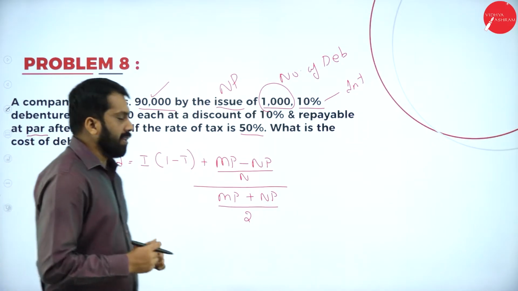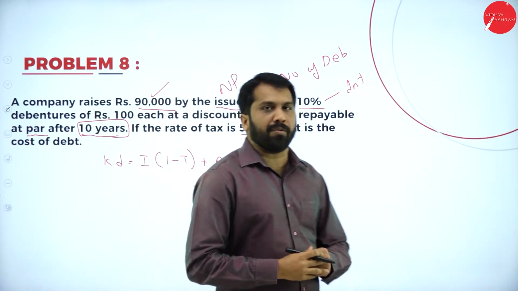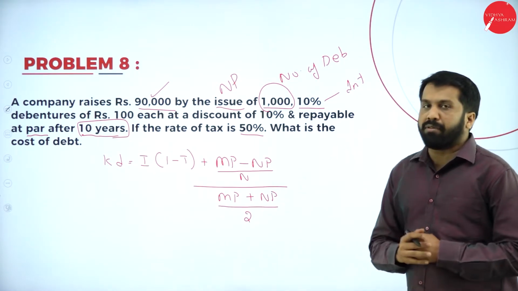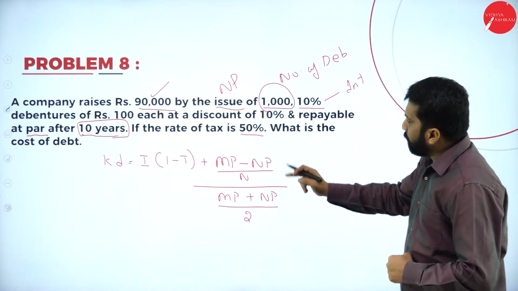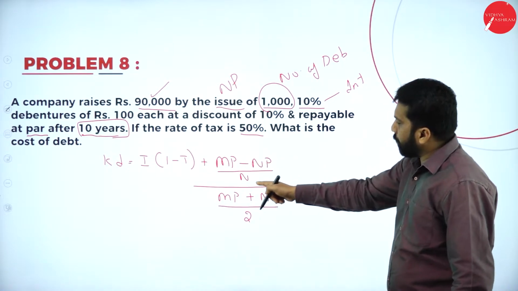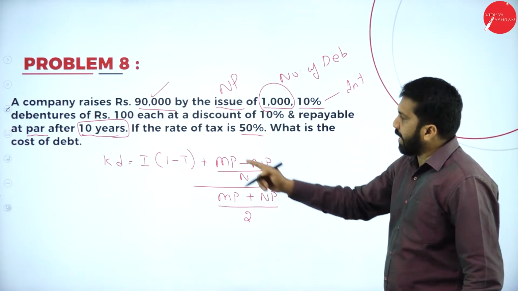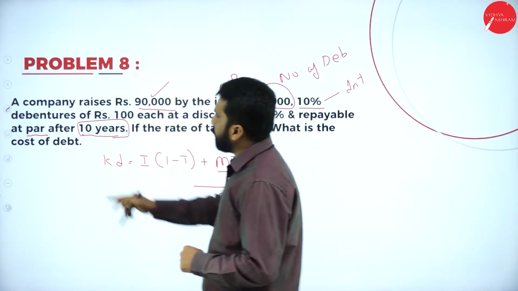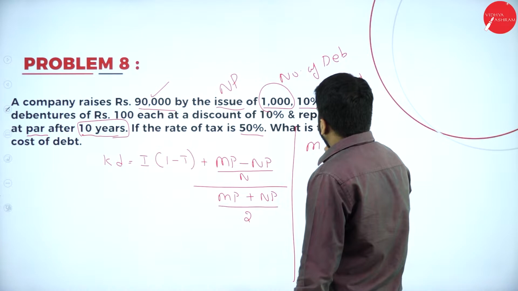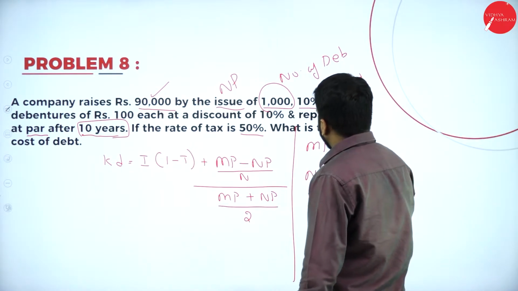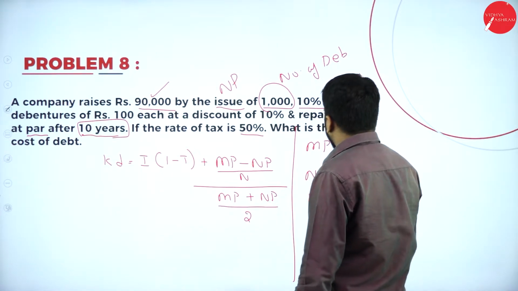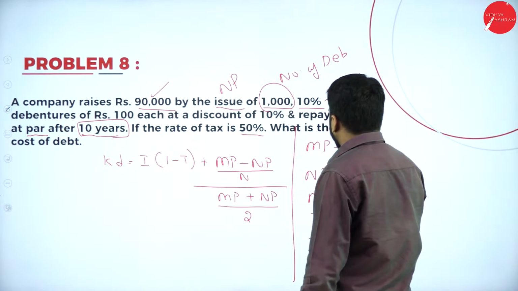So this is the normal formula we have. Now in this formula, we are supposed to calculate individually what is MP, what is NP, what is N, what is T and what is I. In this we need MP, we need NP, we need number of years, we need tax also, and we need interest also.